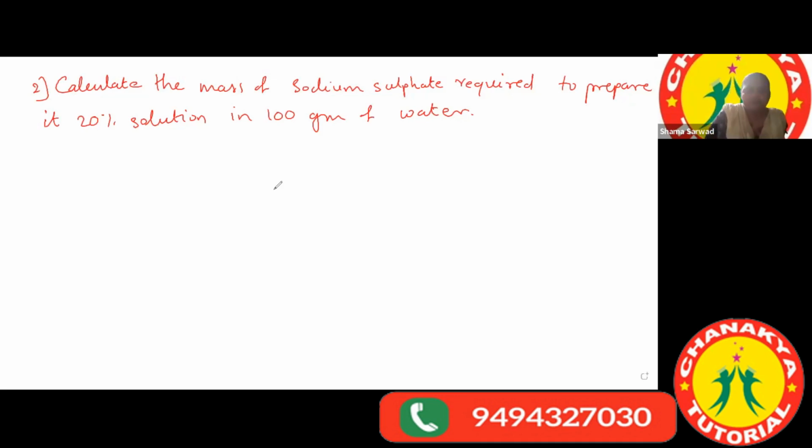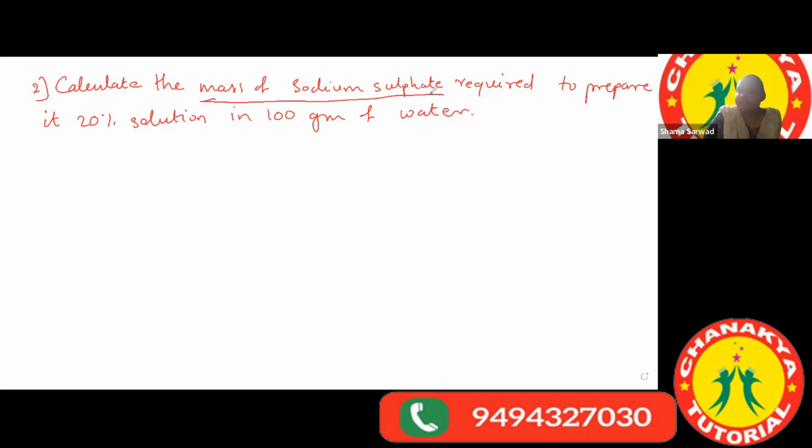Done? 20%. No, beta, it's not right. Okay, fine. So first of all, read the problem, what things are given to you that you need to write. First of all, calculate the mass of sodium sulfate. They ask you to calculate the mass of solute, that is nothing but mass of sodium sulfate.